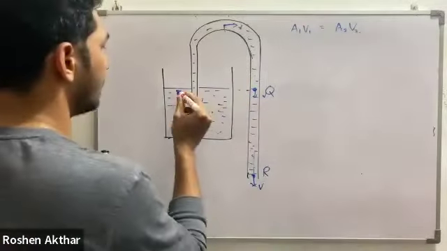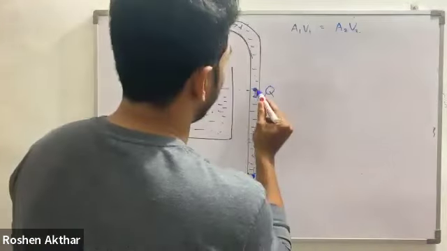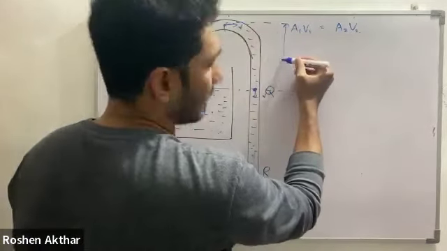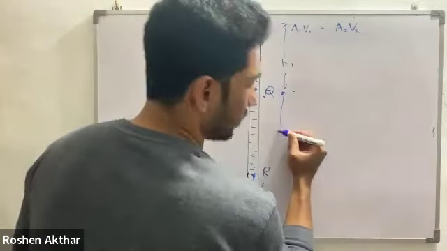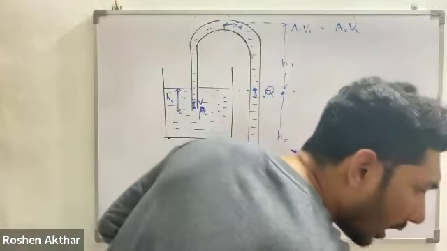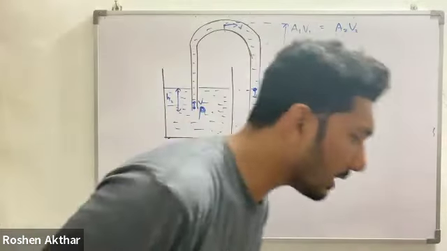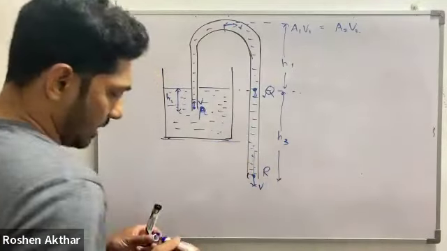This height is H2, they say, and from this point to the top is H1, and the height from here to here is H3. It finishes at the same level as the bottom, but that's fine.